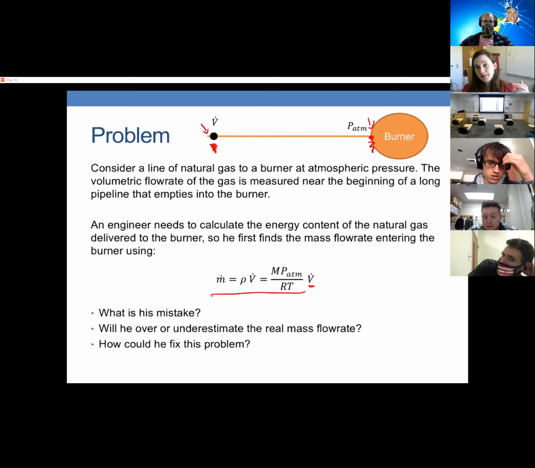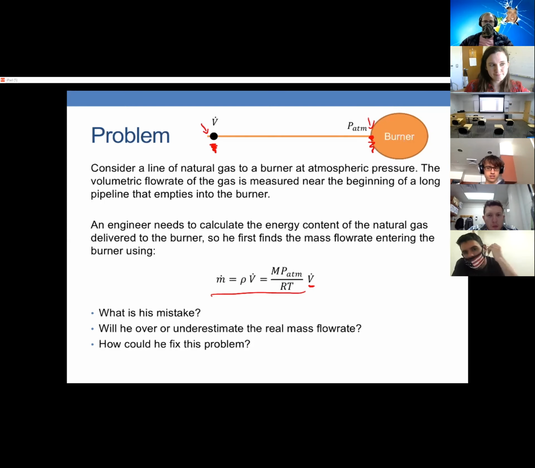So with that in mind, will this mean he over or underestimates the real flow rate? Let's say Tyler Krupp, a different Tyler. What do you think? So the pressure at V dot right there is higher. Mm-hmm. So that means he should have used a higher pressure in that equation we're looking at.